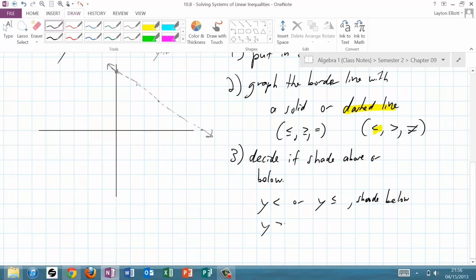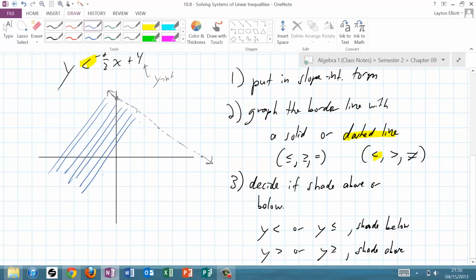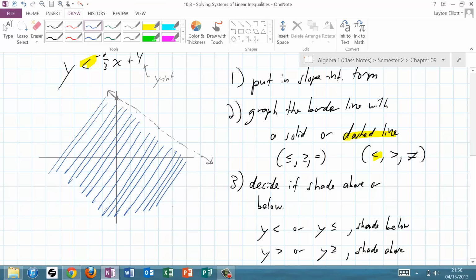And for y is greater than, or y is greater than or equal to, we shade above. So this is a y is less than, and we're going to shade below. I want your shadings to be straight lines, perpendicular to the actual line. The reason is that we're going to have multiple on the same graph, and we might want to cross them. So there's my shading, Georgetown colors.